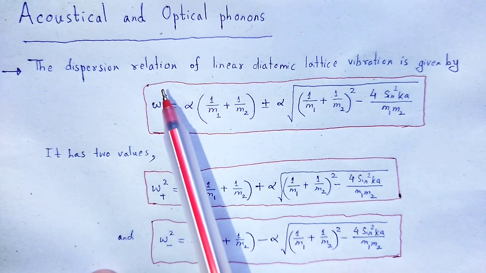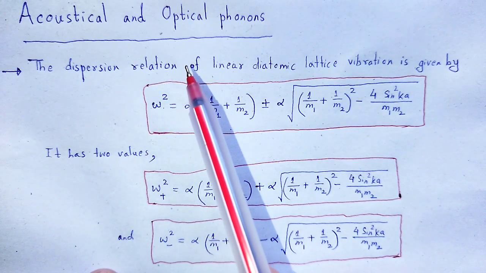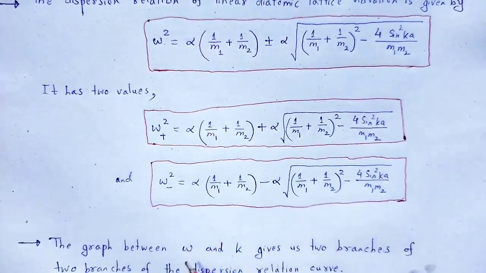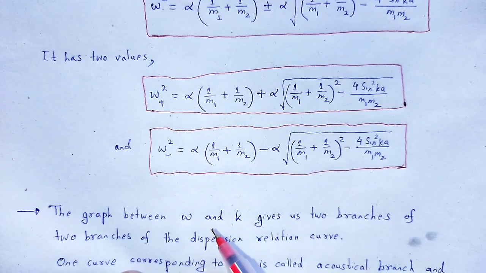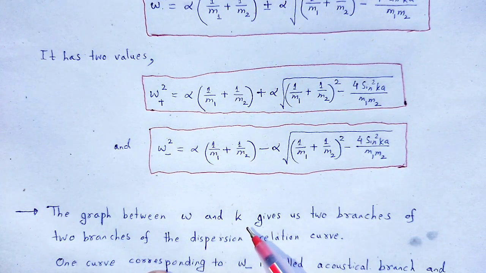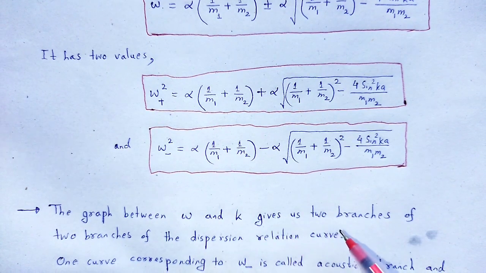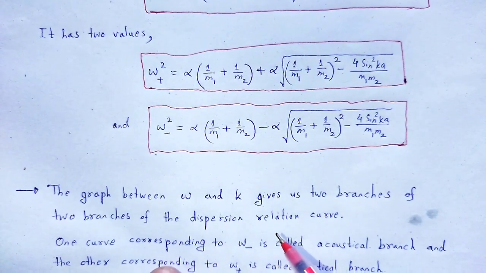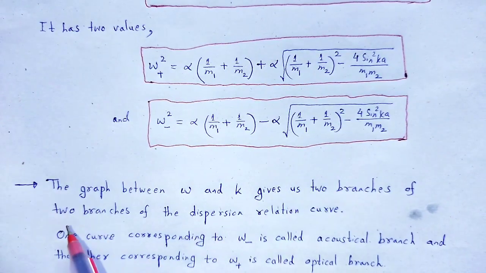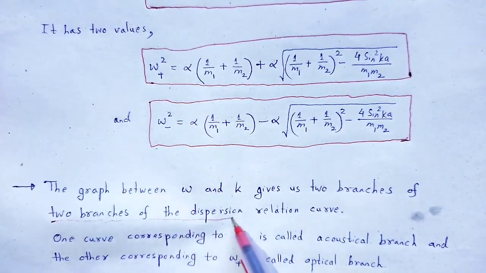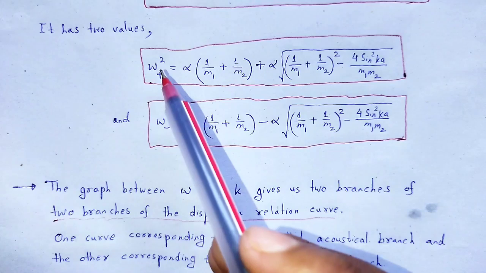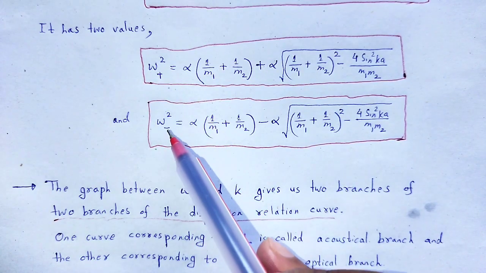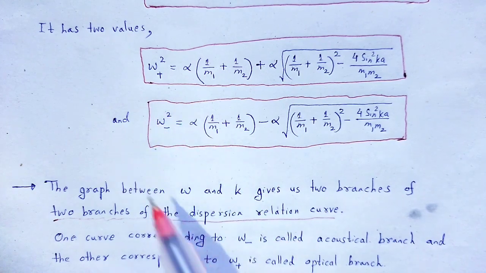Dispersion relation is the relation in between omega and k. So, if we plot a graph between omega and k, that graph gives us two branches of dispersion relation curve, one branch for omega plus, another branch for omega minus.